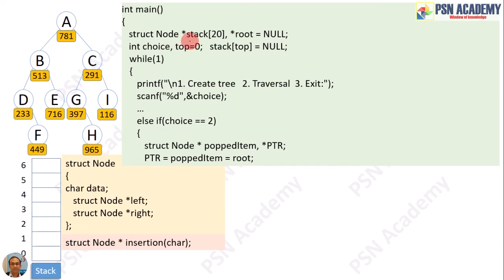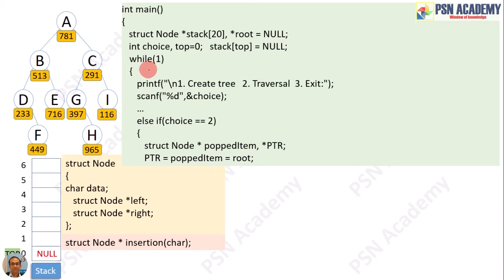We declare an array of struct node star type with the size 20 and a pointer root set to null. Now in the figure we have 7 cells because to handle this small tree 7 cells are enough. Now there is a choice variable for these choices, and we have a top set to 0 here, and we set stack top to null.